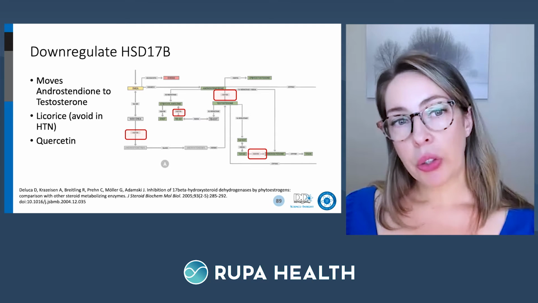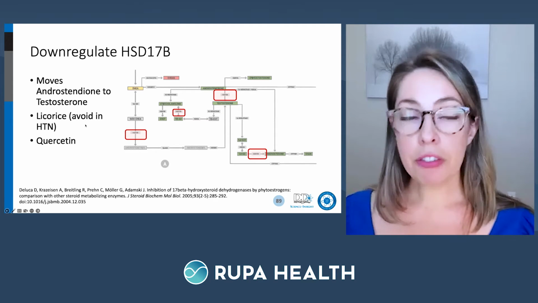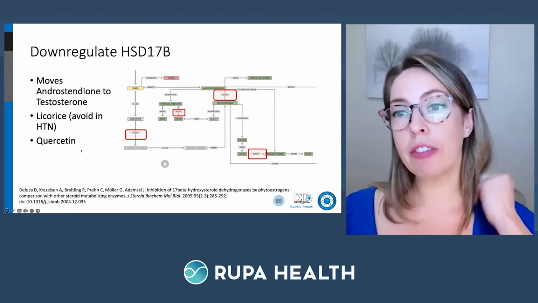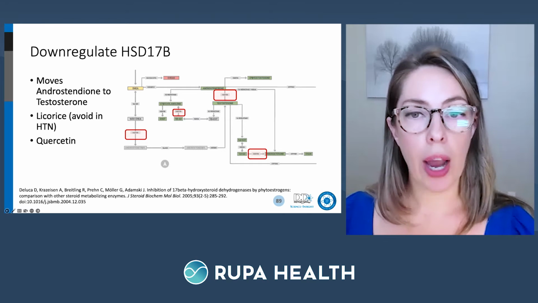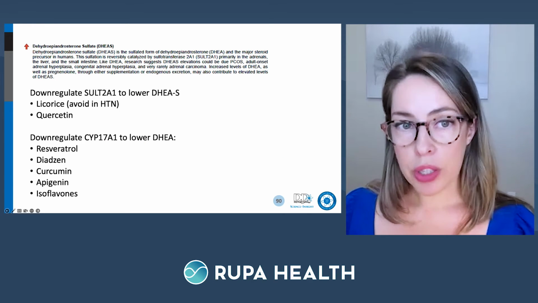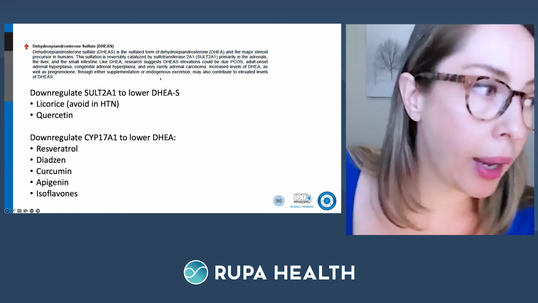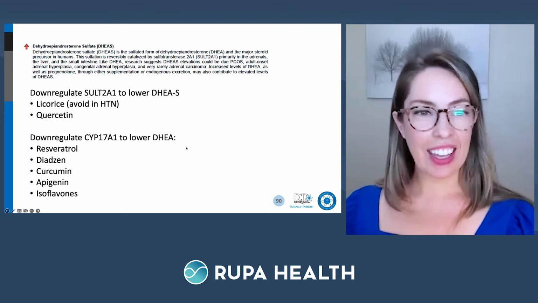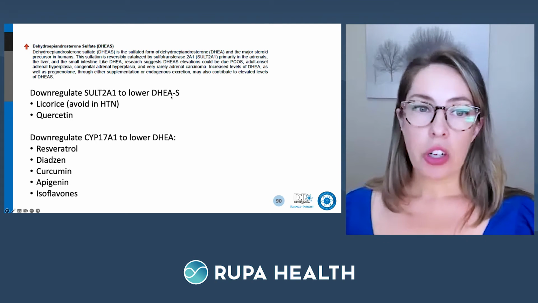You can argue, so the 17 beta HSD, if you wanted to move that one down, licorice and quercetin. Again, if I wanted to use that in this patient, I'm probably going to avoid the licorice just because of her hypertension history. Now, I don't see research talking about specifically DHT or DHEA, or DHEAS in relation to breast cancer.